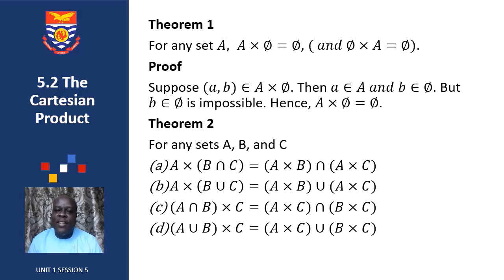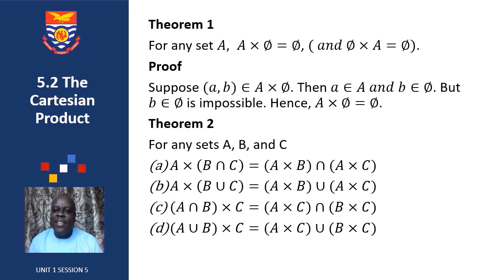The next one: (A intersection B) cross C is equal to (A cross C) intersection (B cross C).